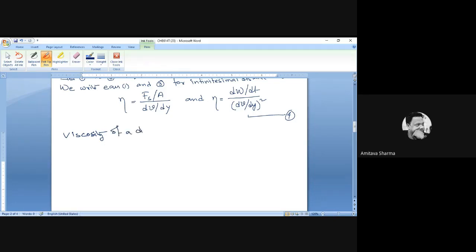So viscosity of a dilute solution involving spherical solute.